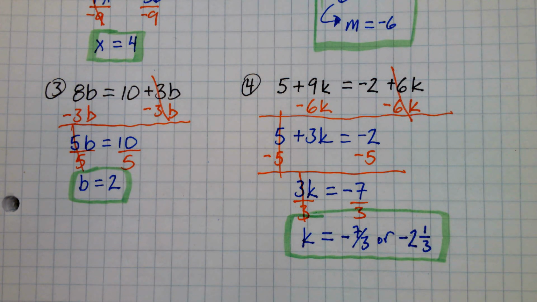Okay. So for the next two examples, and that'll be it, we're going to do something before we get rid of the variable on one side. We're going to combine like terms first.